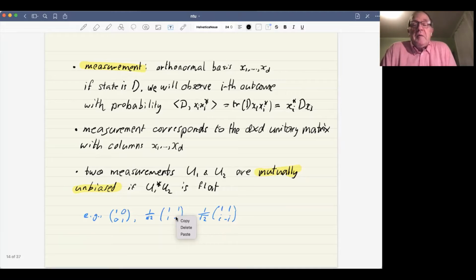And I'm going to take a very simplified approach to this. So we have a state. The idea is we carry out, at a certain time t, a measurement. Now, if we measure a d-dimensional system, there are going to be d possible outcomes. The actual outcomes will depend on the measurement you choose to carry out. But once you've decided, this is the measurement I'm going to use, there are only d possible outcomes.